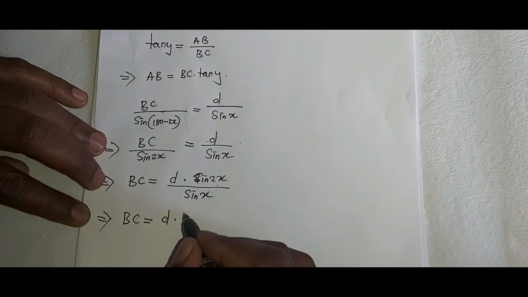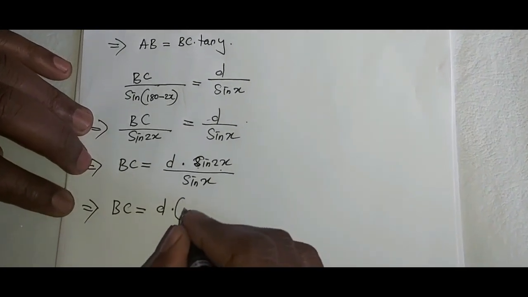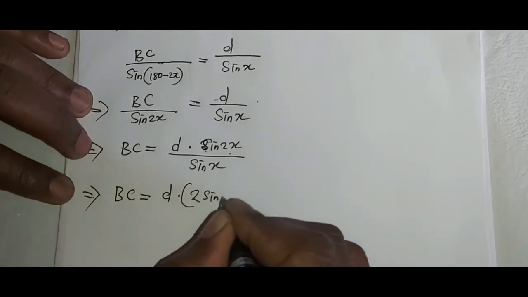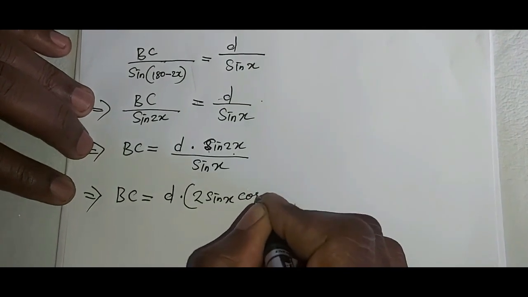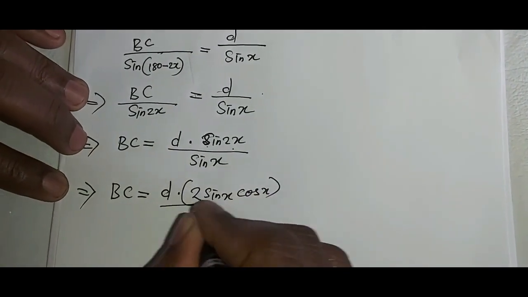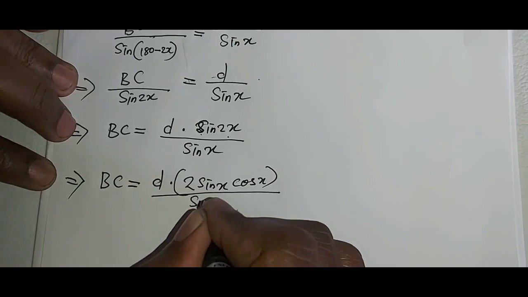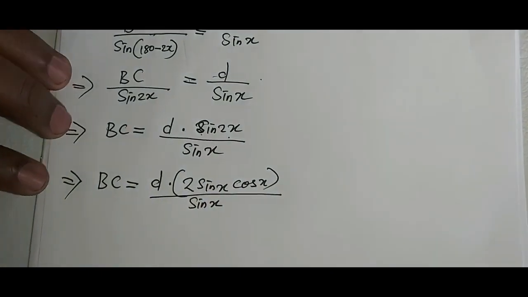Sine 2x is a double angle, which is equal to 2 sine x cos x, all over sine of x.